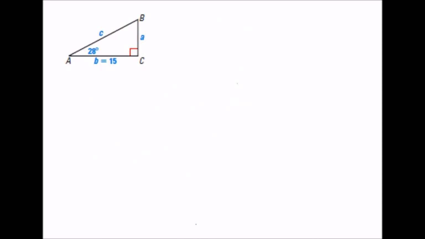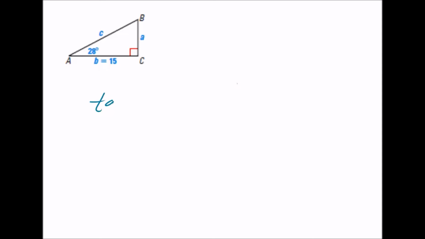Basically, what I want you to learn from this chapter is that using sine, cosine, tangent, and the other 3, using all those 6 and knowing what they are, you can find any length of a triangle, and you can find any degree of a triangle. But we're just going to focus on length. So like here, if we want to find what A is, we have a couple choices.